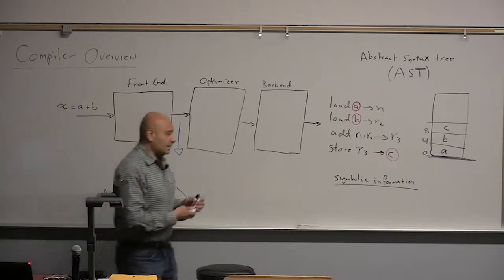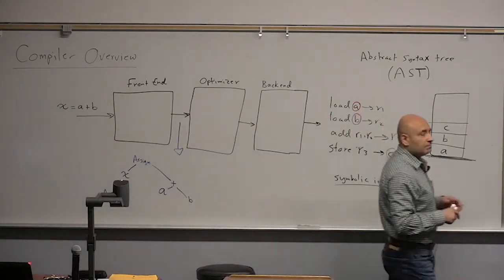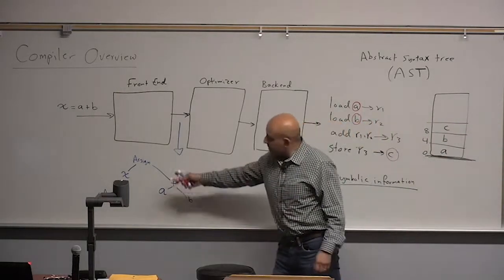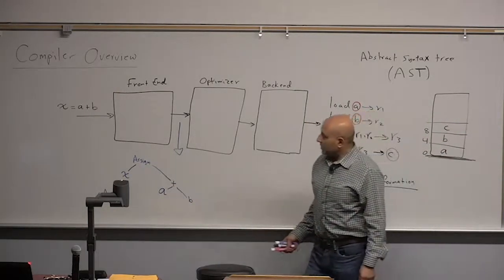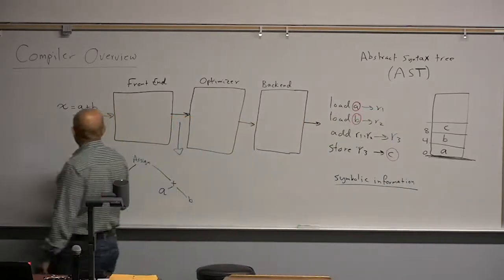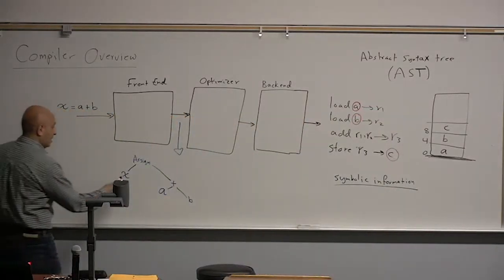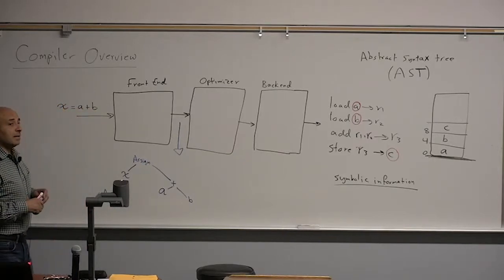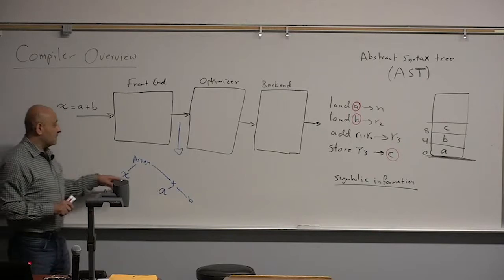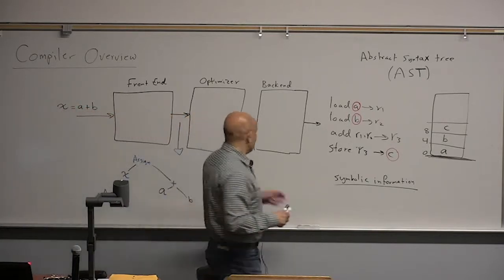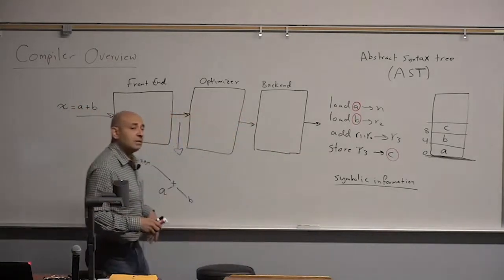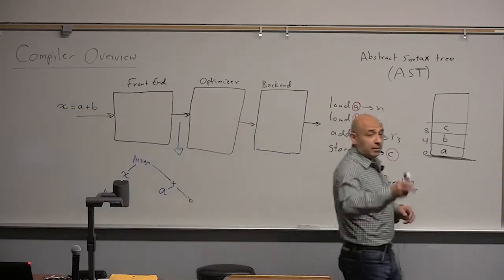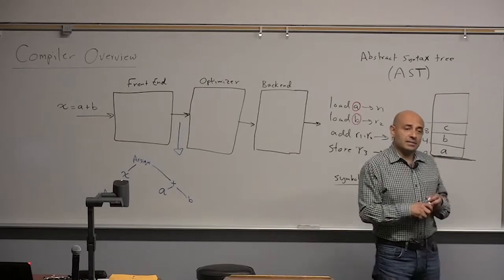Now I said that in theory, once the compiler constructs this abstract syntax tree, it no longer needs to keep the symbolic information like the variable names. But in practice, there are reasons for keeping symbolic information throughout the entire compilation process. So can you think of a reason for keeping symbolic information? Yeah. Debuggers? Yeah, exactly, debugging.